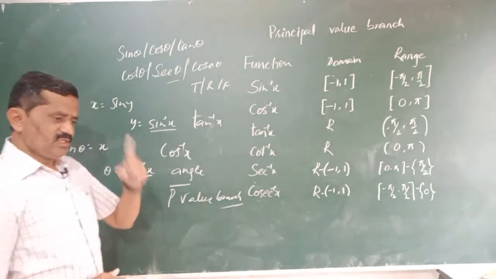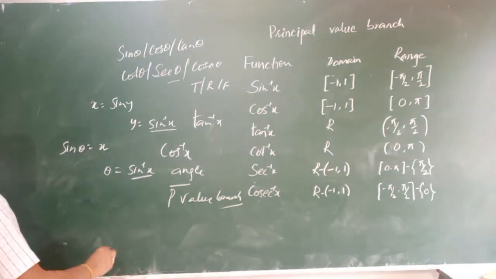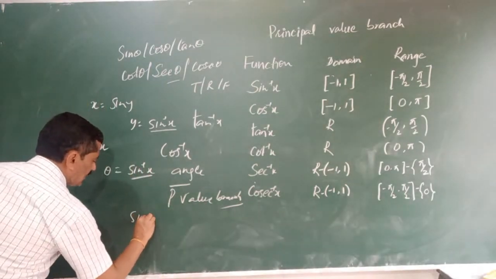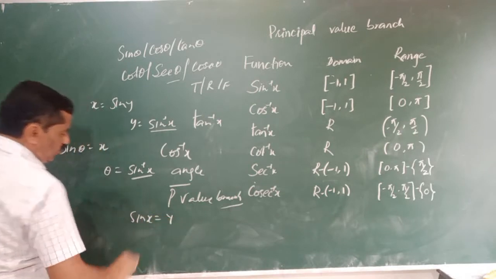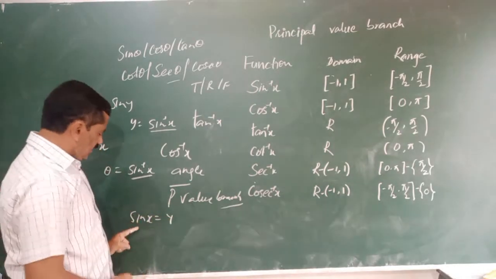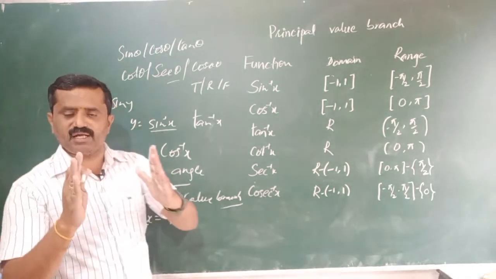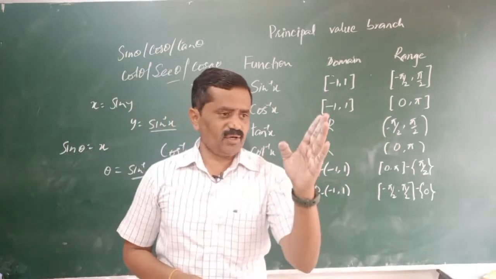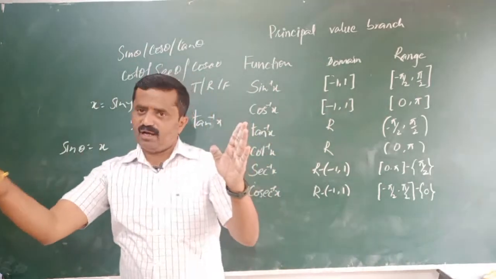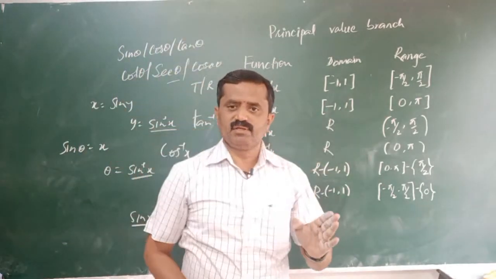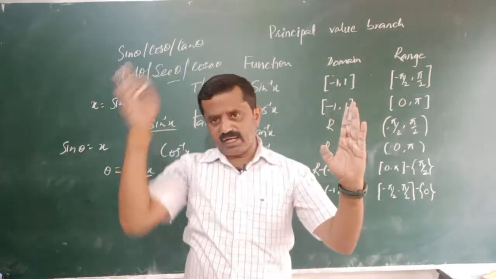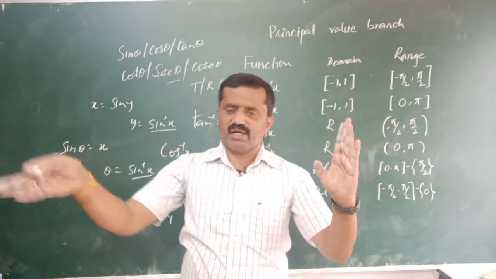Dear students, here remember one thing. For example, if sin x is equal to y, whenever you bring any trigonometric or inverse trigonometric functions from LHS to RHS or RHS to LHS, inverse becomes trigonometric, trigonometric becomes inverse.